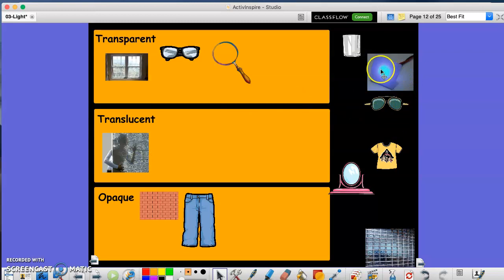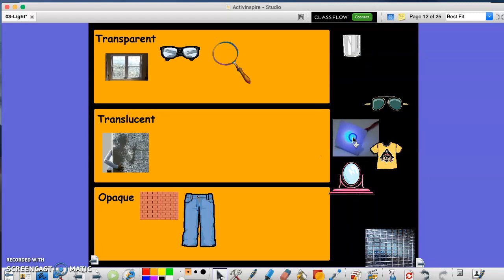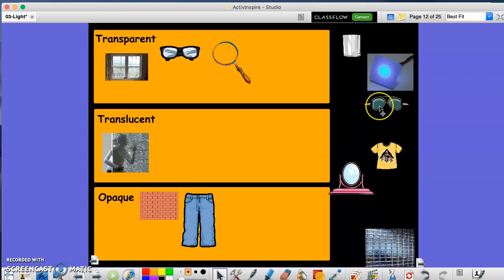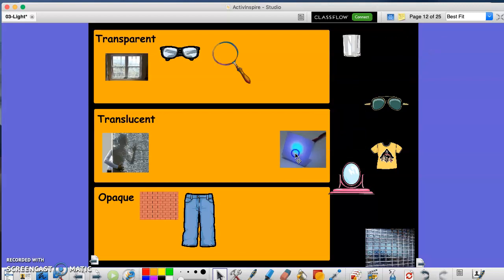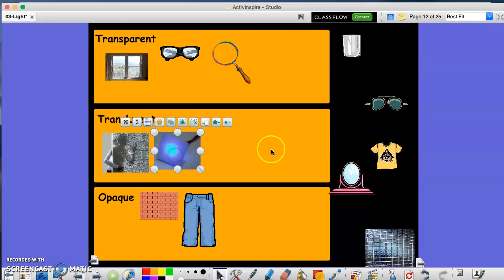And let's look at this light. We can kind of see the light, but not quite. If you think that's translucent, it would be translucent. Let's see if I can get this. There we go, translucent. How about sunglasses?